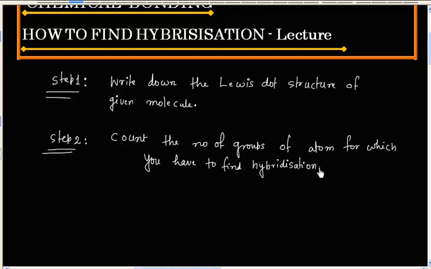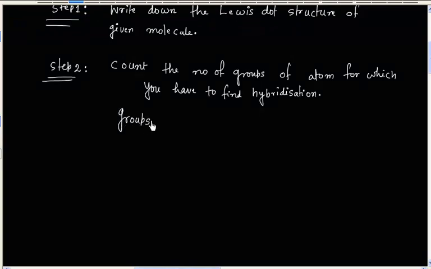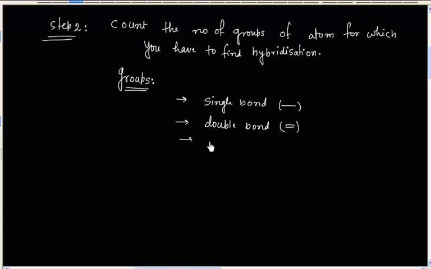And what is the meaning of groups? A single bond will be treated as a group. So when I say groups, it can be a single bond, it can be a double bond, it can be a triple bond, or it can be a lone pair.